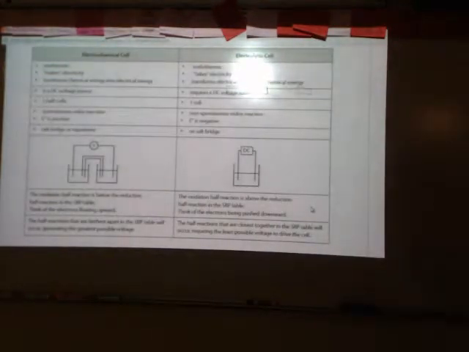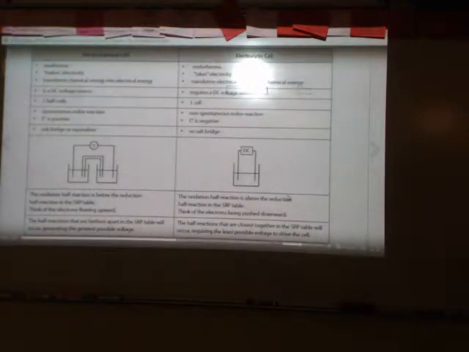And they have two half cells, right? They're in two different compartments. And they operate by a spontaneous redox reaction. And they have a positive E, and they have a salt bridge present. And the oxidation half-reaction is below the reduction half-reaction in the SRP table, so the electrons are moving from the bottom right corner to the top left corner.